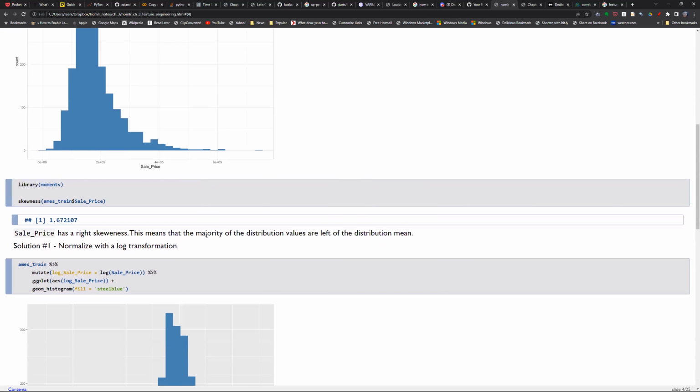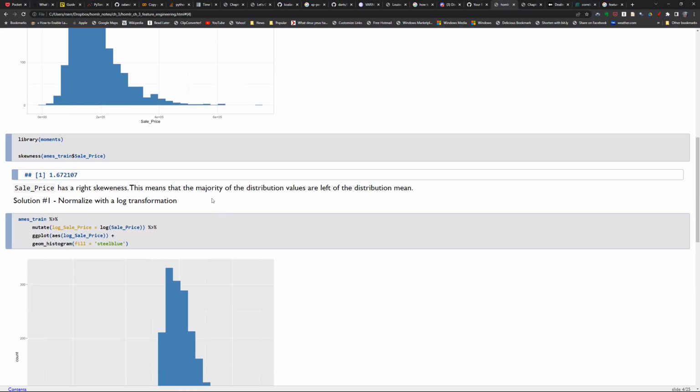All right, so what are we going to do? Well, the ordinary linear regression model assumes that the residuals, the errors between the outcome and the predictions, have to be normally distributed. One of the things that can affect that assumption is precisely the distribution of the target.